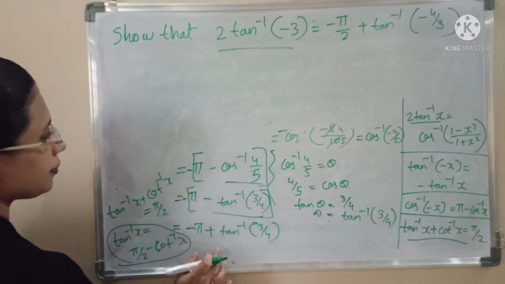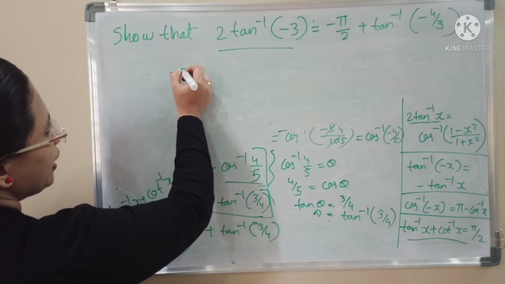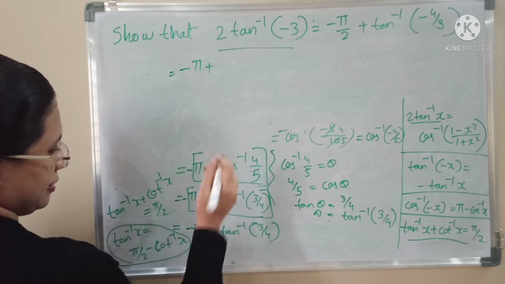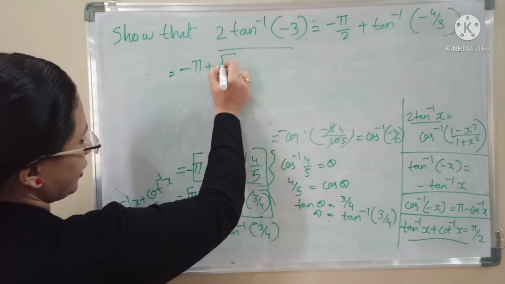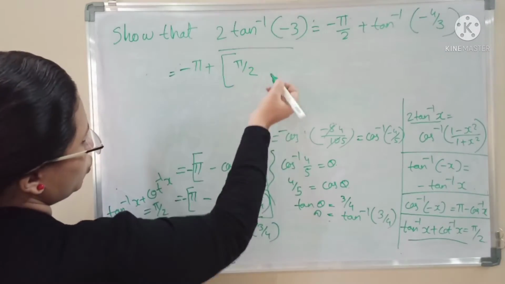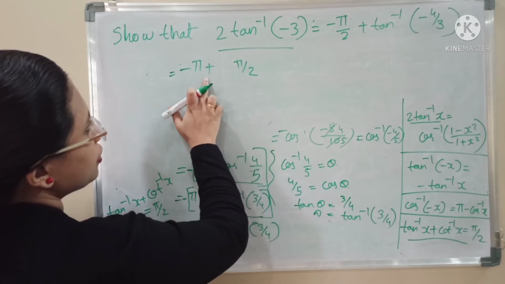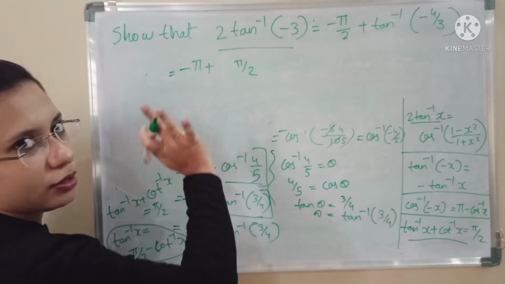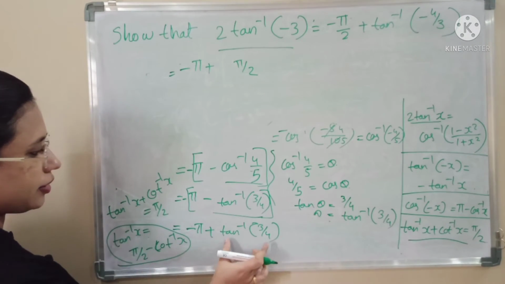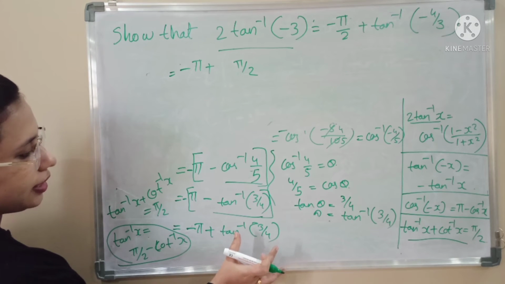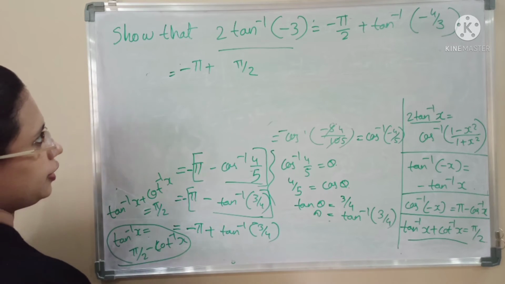Now minus pi plus pi by 2. Even if there is no bracket, no problem, because this is a plus sign. So no need of a bracket, we are just replacing tan inverse 3 by 4 in terms of cot.